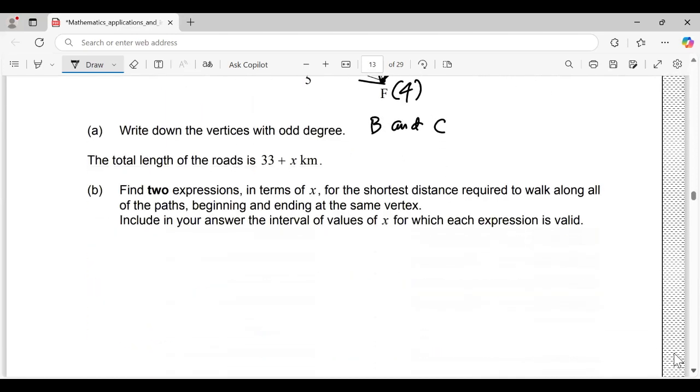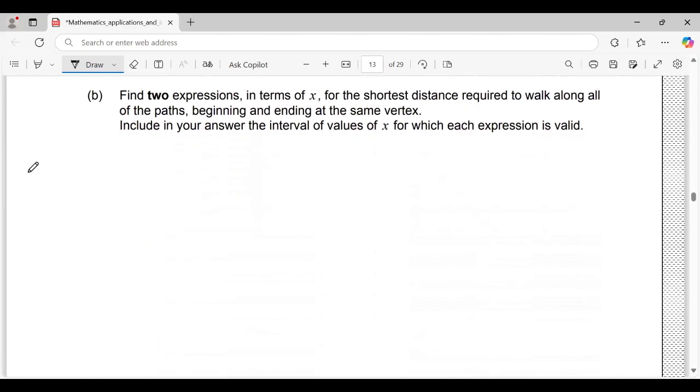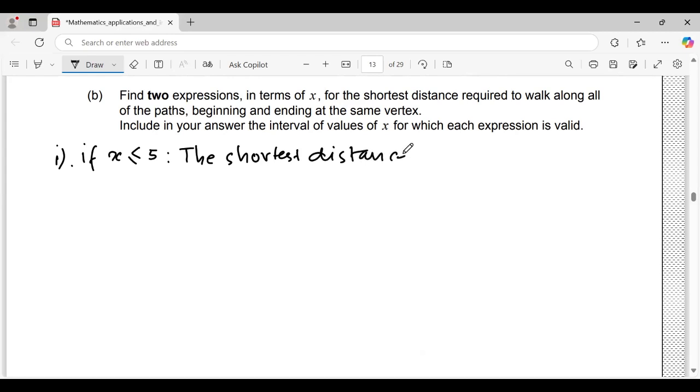So there are two conditions. First, if x is less than or equal to 5, the shortest distance required is length 33 plus 2x.